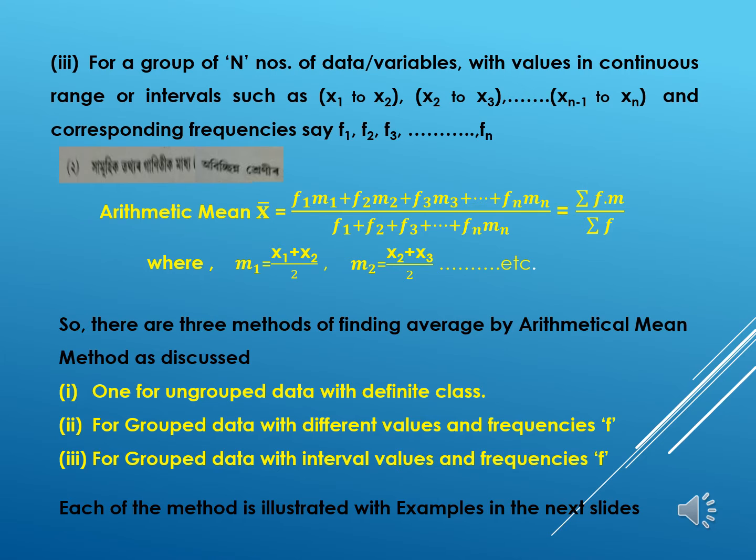Method 3 of the arithmetic mean method. For a group of n numbers of data where each data is given in a range.